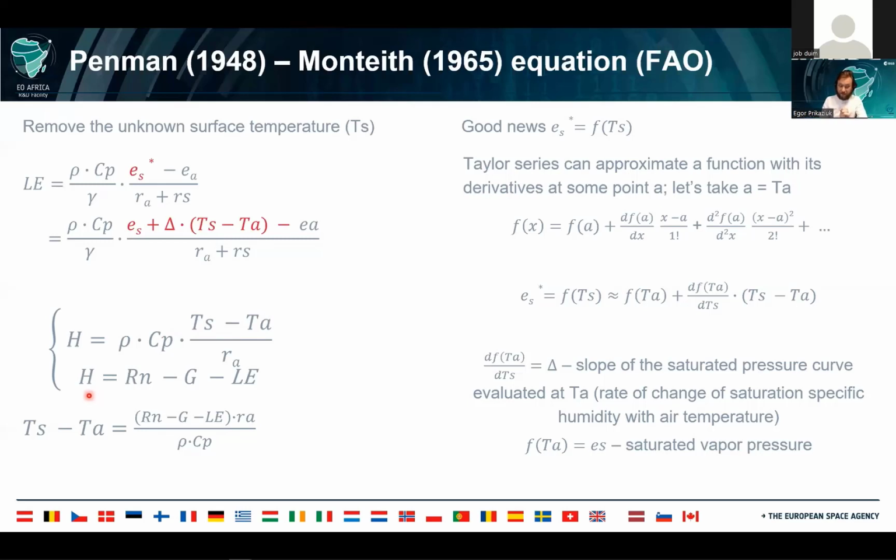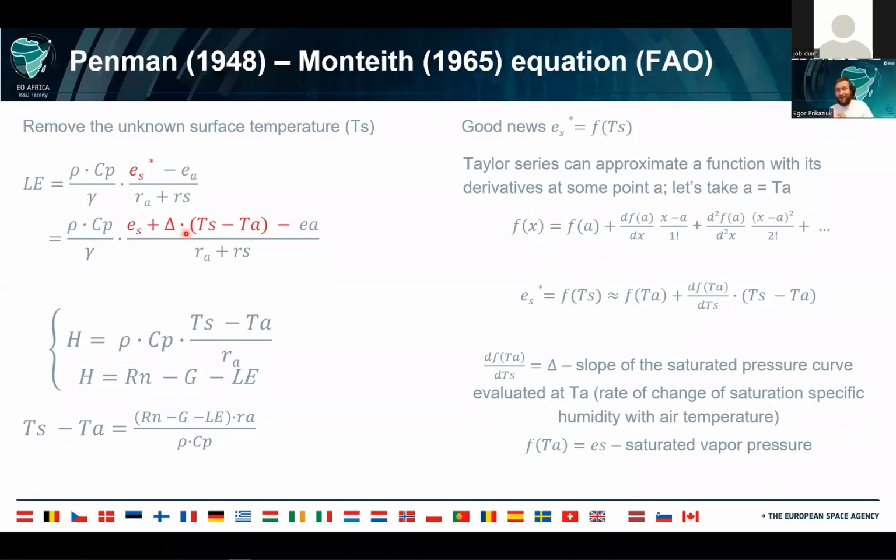And that heat flux can be computed from the net radiation equation. If we take that equation on top and say that Ts minus Ta equals this difference multiplied by Ri divided by rho and Cp, and we put it into this equation, we'll finally get rid of the surface temperature that we don't know, and we will get the equation.